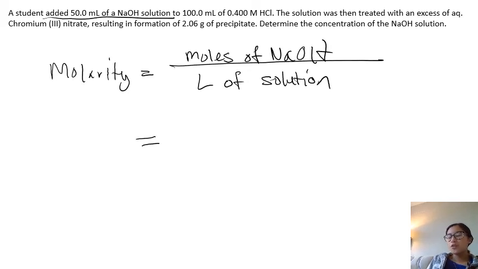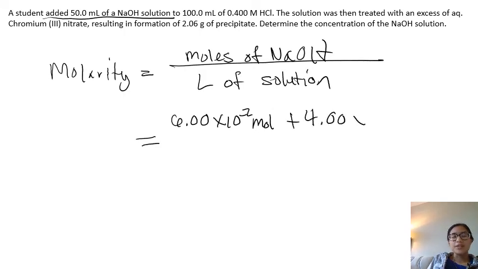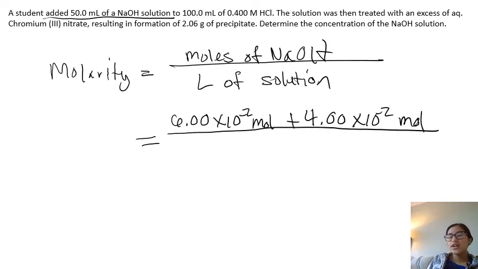We found the total number of moles by checking each of the two reactions, so it's 6.00 times 10 to the negative 2 moles plus 4.00 times 10 to the negative 2 moles. Those two together are the total moles of NaOH in this original NaOH solution.